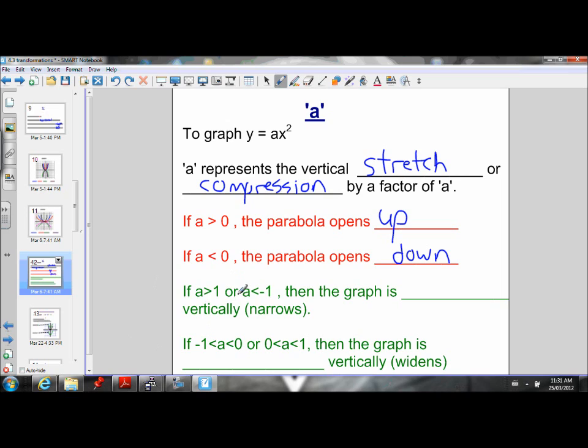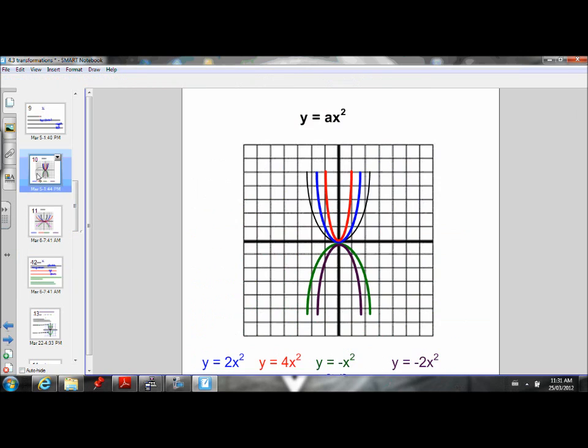Now, let's also consider the fraction values of a. Oh, first, we'll do fractions after. Scratch that. When a is greater than 1 or less than -1, in these instances 2 is greater than 1, 4 is greater than 1, and in this instance a is -2, which is less than -1.